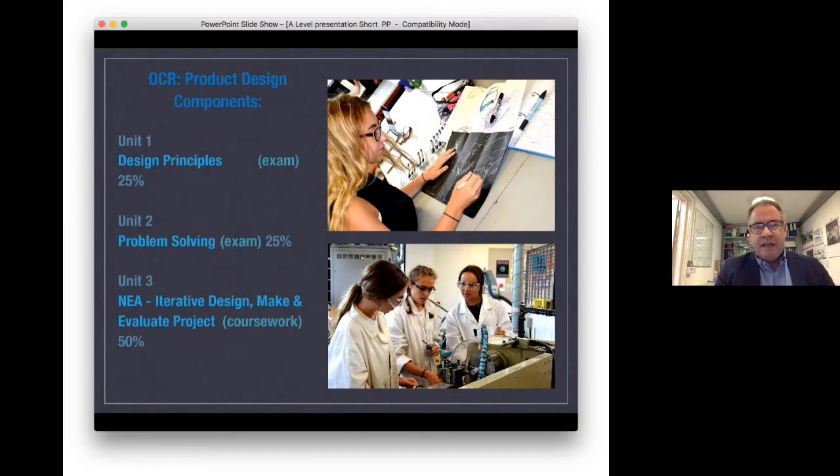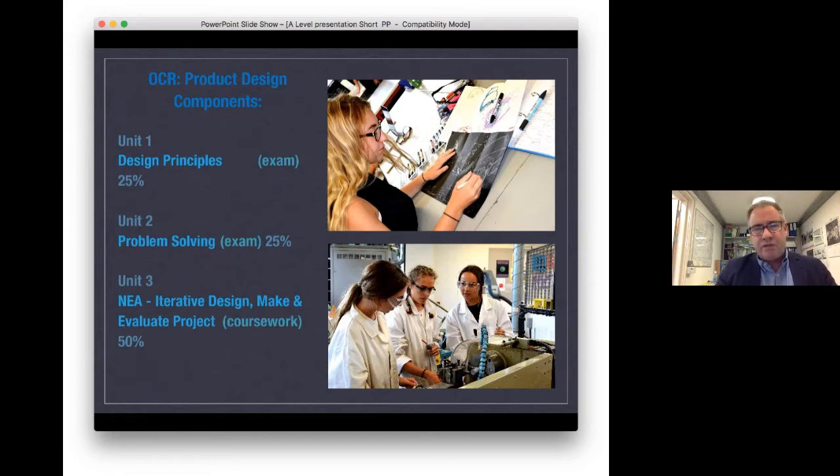If we look at the way that the course is structured, I'm going to start at the bottom actually, because you're all familiar, having taken D&T at GCSE level, you're all aware of the NEA. The NEA is a design and make exercise over many, many weeks, except this time there's no theme.